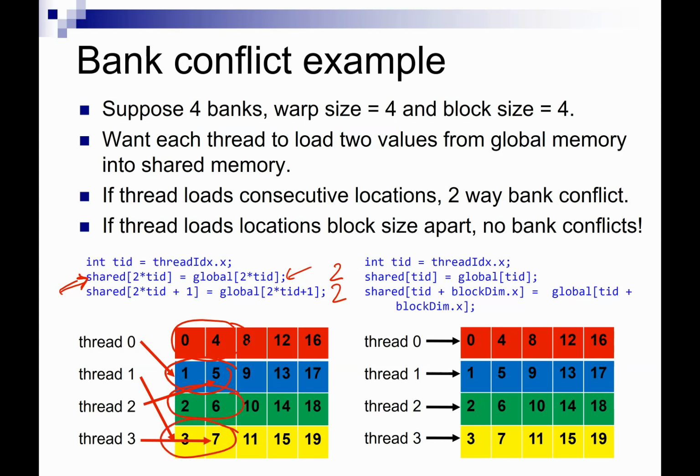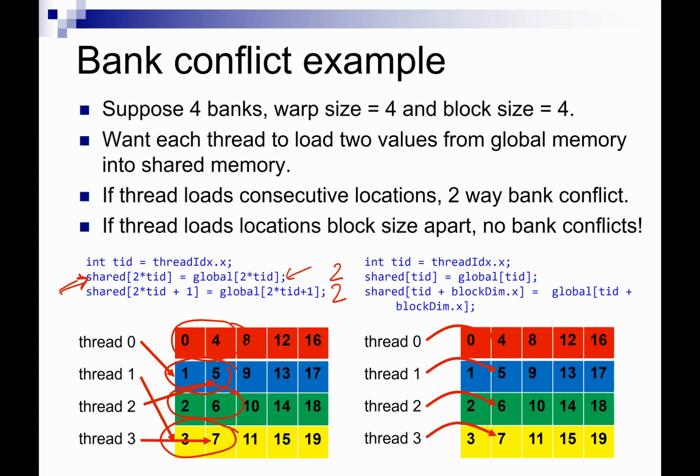We're just changing the order that the threads access the data. Now in the first iteration, thread 0 is going to read 0, thread 1 is going to read 1, thread 2 is going to read 2, and so on. So now all of these accesses are to different banks, and there's no conflict. On the next iteration, they're going to read 4, 5, 6, 7, and again, there's no bank conflict.